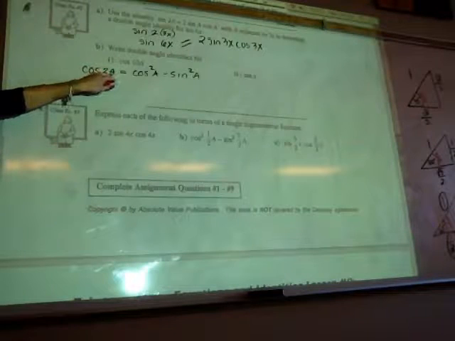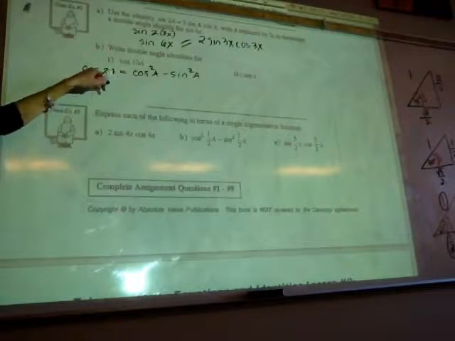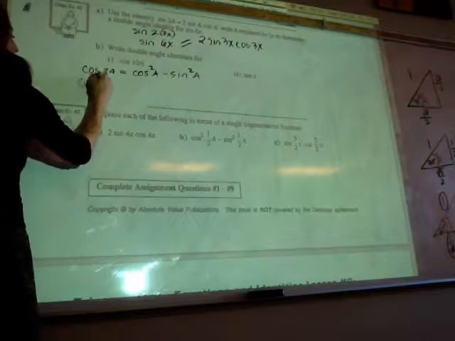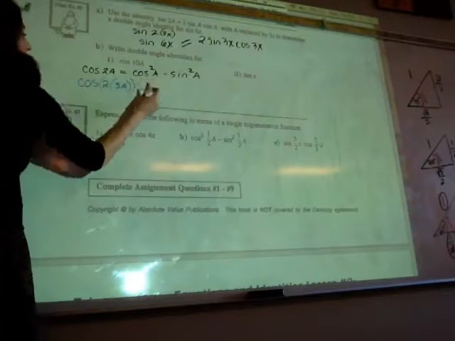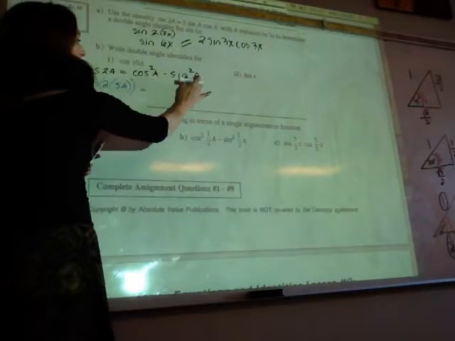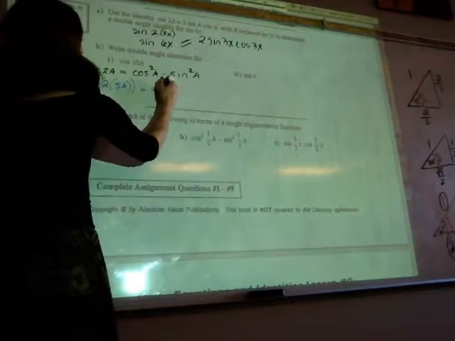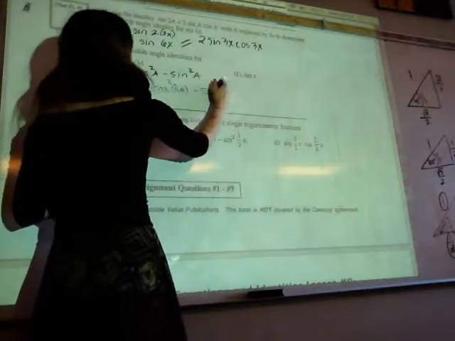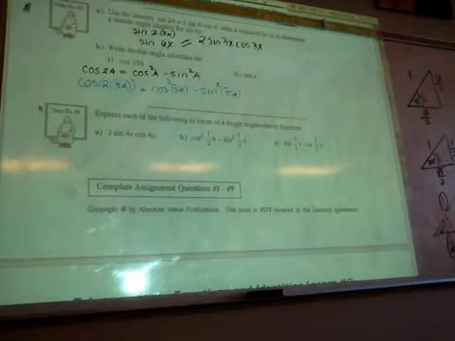So what would a be equal to from 10a if we had to have a 2 out front? 5a. Okay? So we have cosine 2 times 5a. On the right-hand side, what are all the a's going to be replaced with? 5a. Good. So we have cosine 5a all squared minus sine 5a all squared. And we're done.